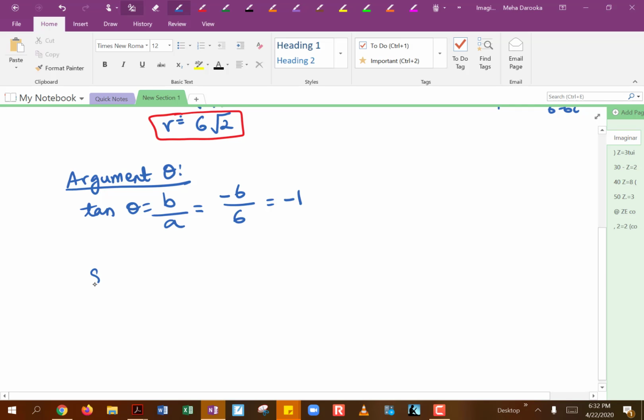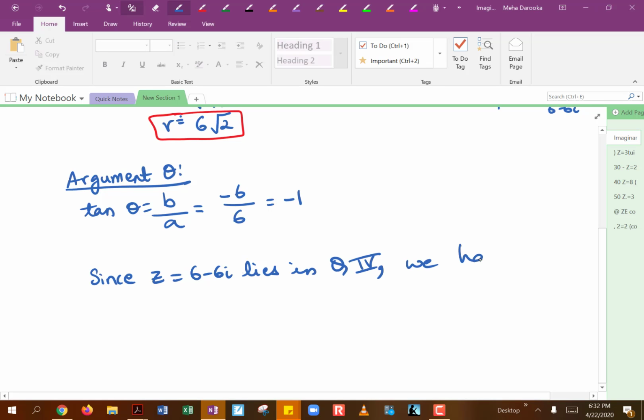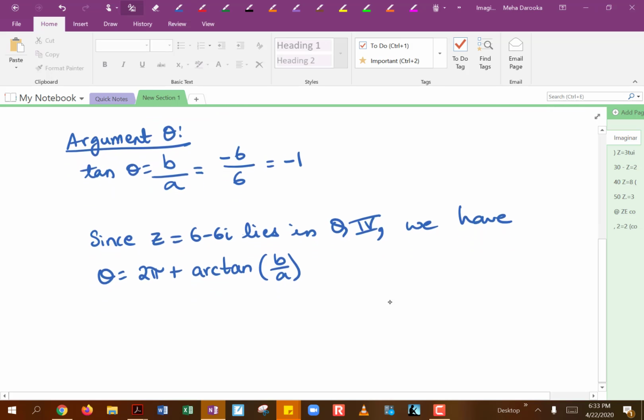Okay, so we will say since z equals 6 minus 6i lies in quadrant 4, we will have to use theta equals 2 pi plus arc tangent of b over a.